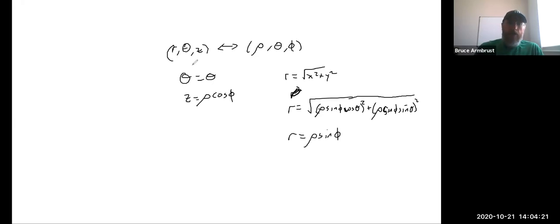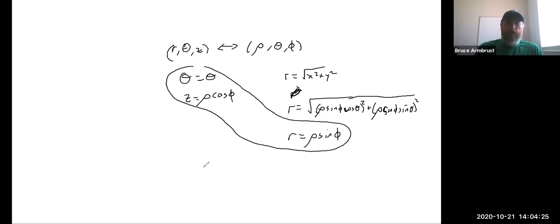And so those are your conversions. They're actually not bad, because 2 of them we already kind of had. The third one makes sense if you think about the picture. All right, so we're somewhere out here.